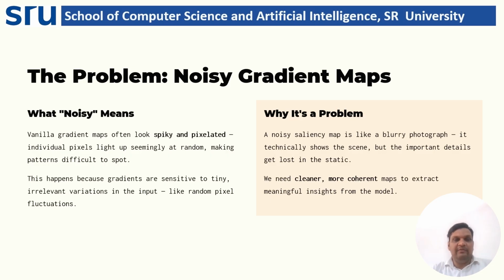It means individual pixels light up seemingly at random, making patterns difficult to spot. This happens because gradients are sensitive to teeny irrelevant variation in the input, like random pixel fluctuation.